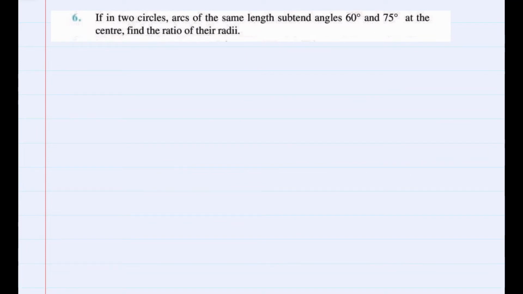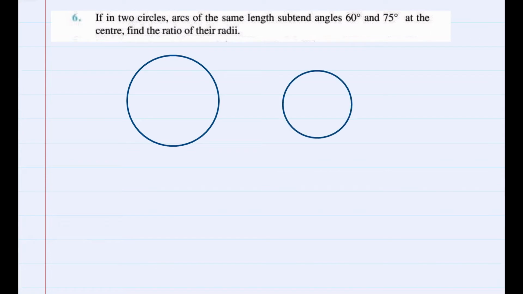Sixth question. If in two circles, arcs of the same length subtend angles 60 degrees and 75 degrees at the center, find the ratio of their radii. They have the same arc lengths L. Here the angle subtended at the center is 60 degrees and in this figure it is 75 degrees.